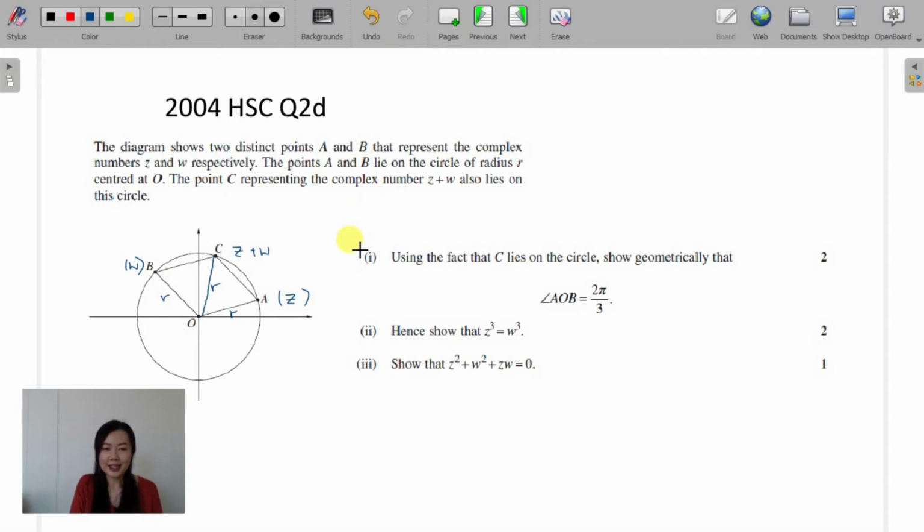Using the fact that C lies on the circle, show geometrically that angle AOB is 2 pi on 3. Well, I guess that's what we'll go with first.